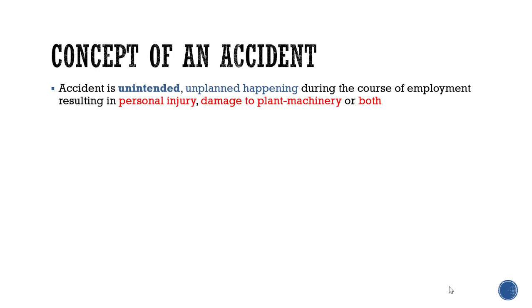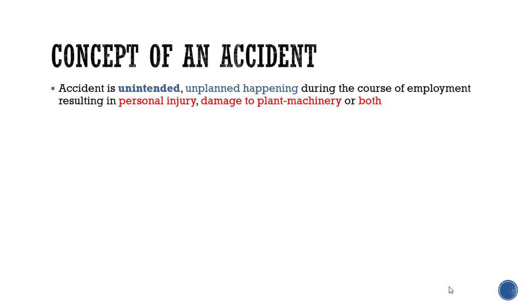The result may be personal injury, or in some cases, damage to the equipment, that means plant machinery. In most cases, these two things may happen combined. The person will get injured and the machine also gets damaged. These things are the result of an accident.